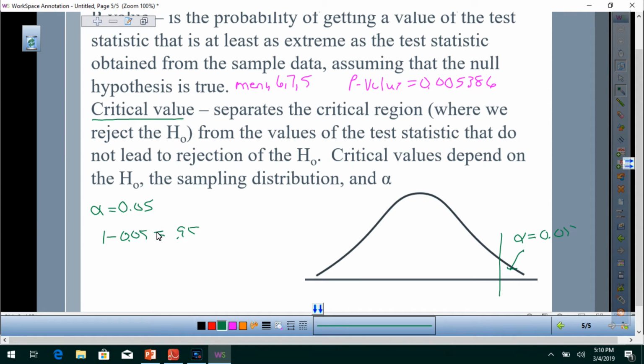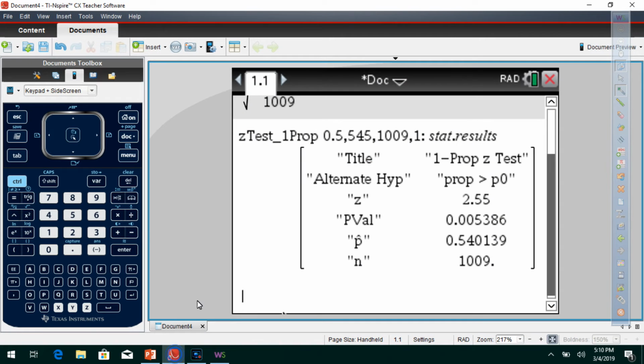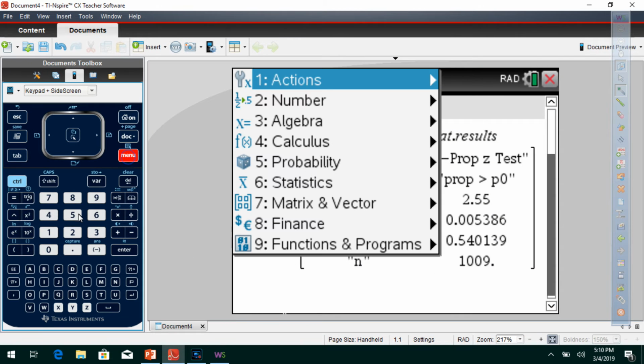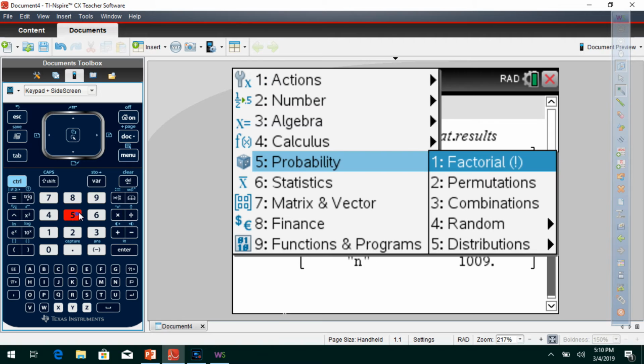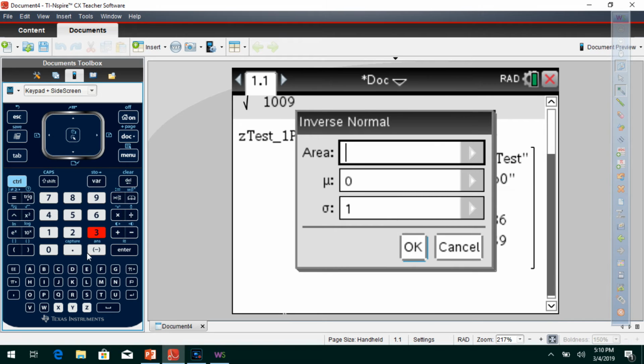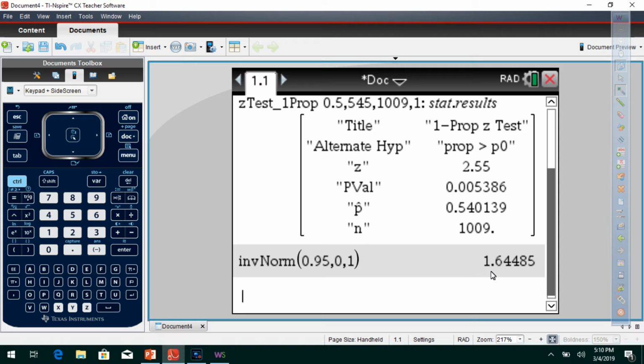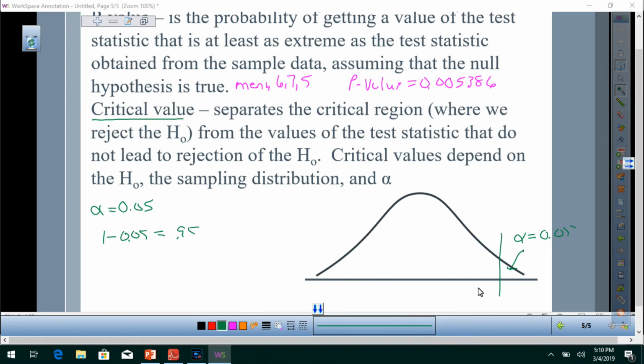Okay, so let's go to our calculator, and we're going to go menu 553, and our area is 0.95. There we go, we'll press OK, and we got 1.645. So here we got 1.645.